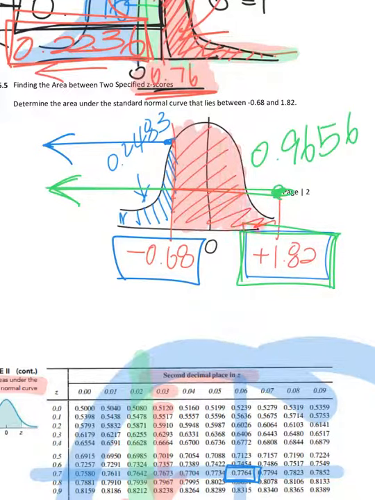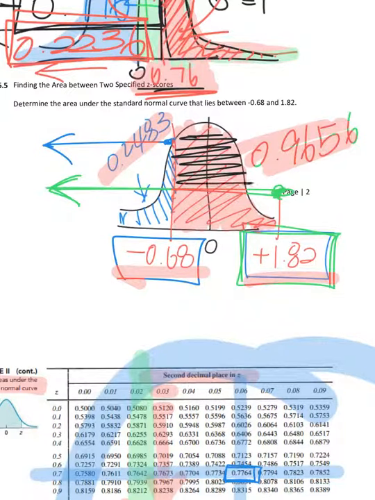Between negative 0.68 and positive 1.82. But we found two probabilities always to the left, not in the middle, not in the right, always to the left. Any idea? How can I take the probability in the middle?